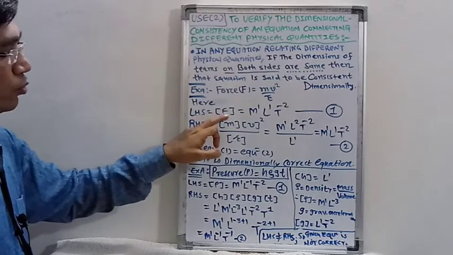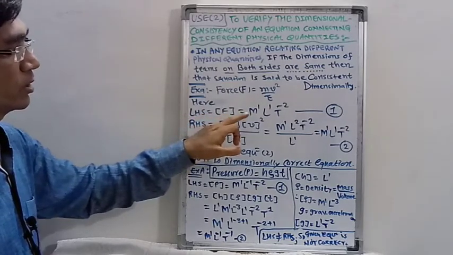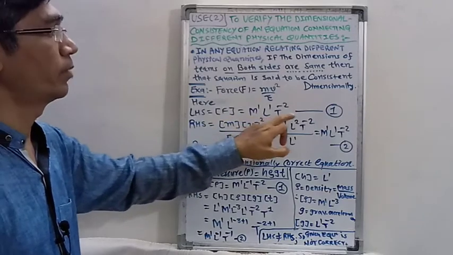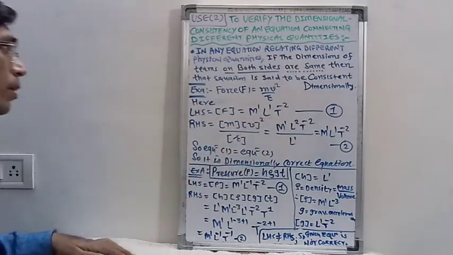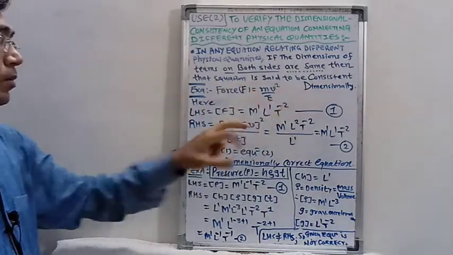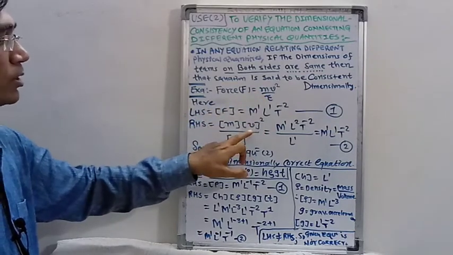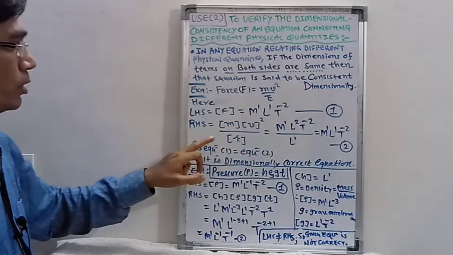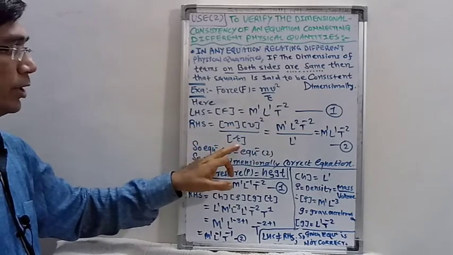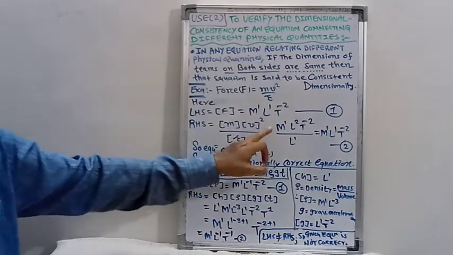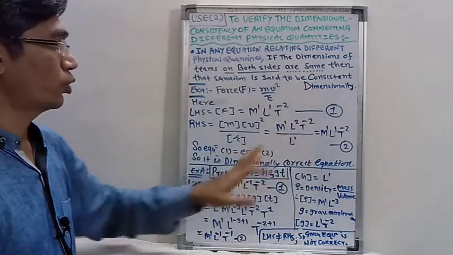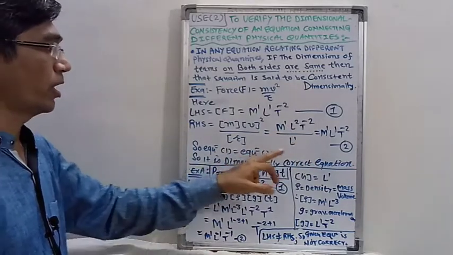The left hand side is the dimensional formula of the force, which is M1 L1 T minus 2, first equation. On the right hand side we take the dimensional formula of the mass into the dimensional formula of the velocity raised to 2 upon the dimensional formula of the radius, which is M1 L2 T minus 2 upon L1.